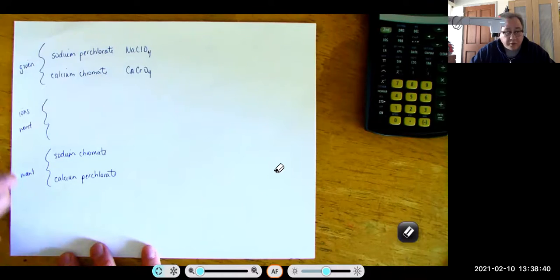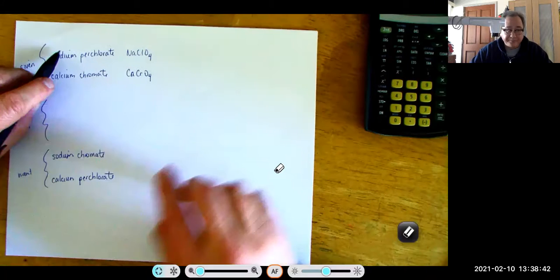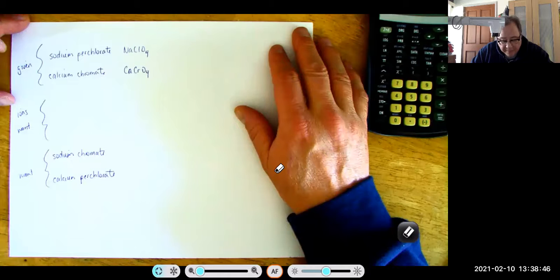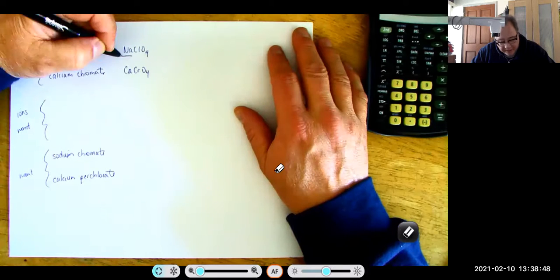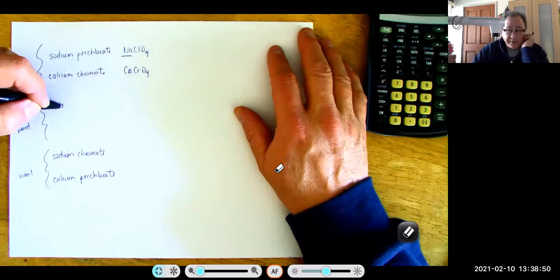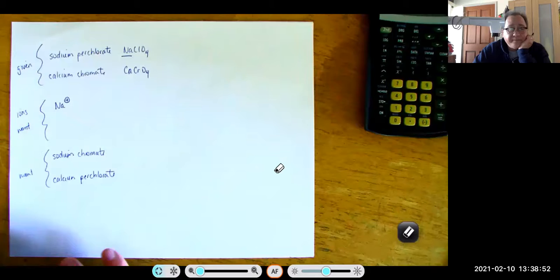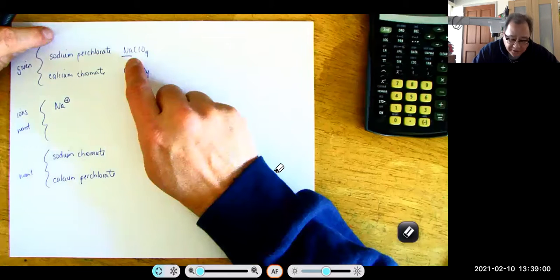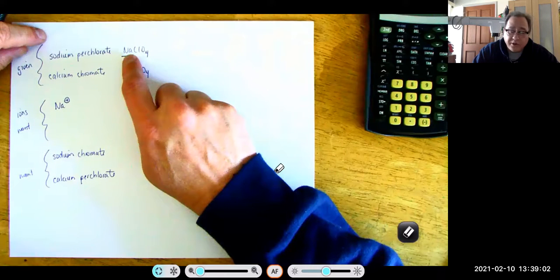So for sodium perchlorate, we know that that must be the sodium ion, and we know it's a +1 charge because it's in group 1A. And we know there's only one sodium because there's no 2 after the sodium, or a 3 or a 4.